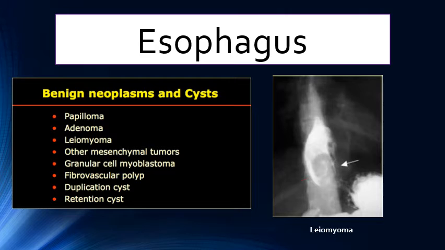We can see here there is a filling defect. Okay, this is a filling defect within the wall of the esophagus, in the lower part of the esophagus, but it has a smooth border, and the barium is passing anteriorly and beside this mass. This is the appearance of a benign lesion of the esophagus, maybe a cyst or benign neoplasm, and this is a leiomyoma.